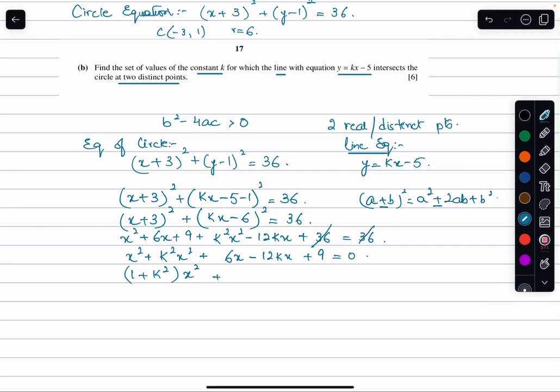Then I can take 6 common, so that I'm left with (1 − 2k) times x, and then the + 9, which equals 0. So from here my a value is 1 + k², a is the coefficient of x², b is 6 times (1 − 2k), and c is equal to 9.